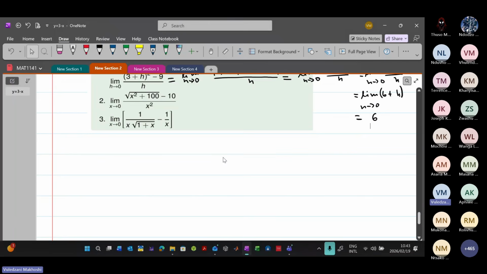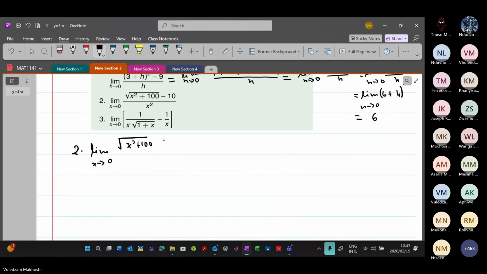Similarly, for number 2, you have the limit as x is approaching 0 of the square root of x squared plus 100, minus 10, divided by x squared. So 0 gives us 0 here: the square root of 100 is 10, and 10 minus 10 is 0.